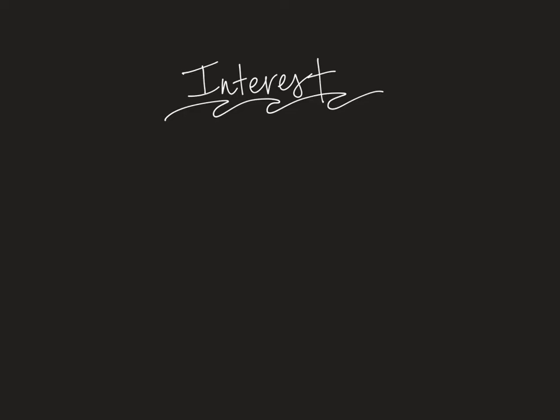And so, with finding interest in math, we're going to use a formula, and the formula is I equals PRT. Okay, and the I is going to stand for the interest, and that's what we're going to be finding today.